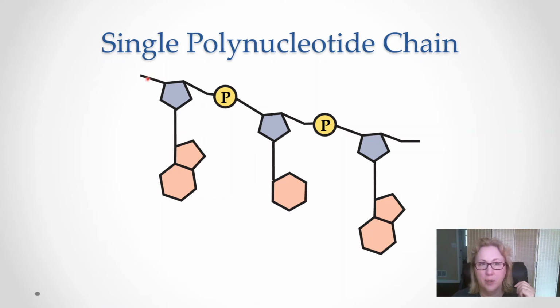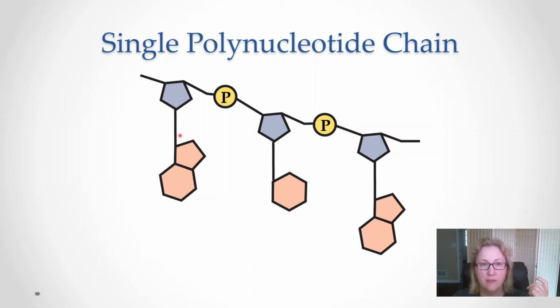So our backbone that's covalently bonded together goes sugar, phosphate, and you'll notice this P with a circle around it, that's a common chemical symbol for phosphate, which is a phosphorus with 3, 4, or 5 oxygens around it. So sugar, phosphate, covalently bonded backbone.